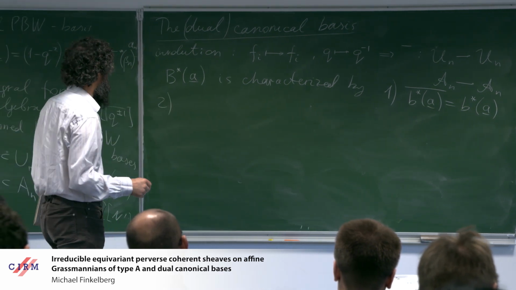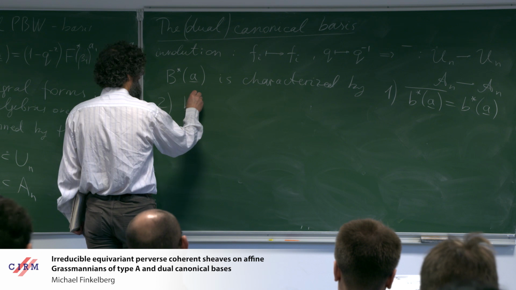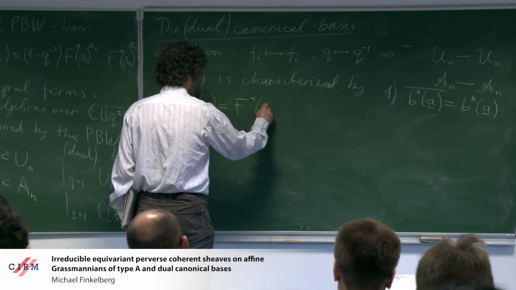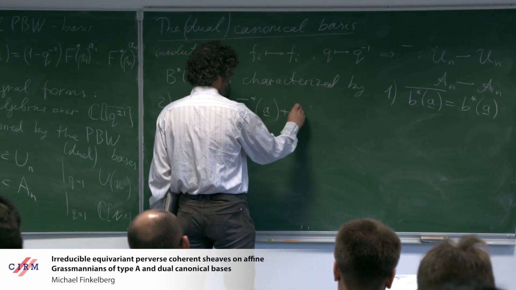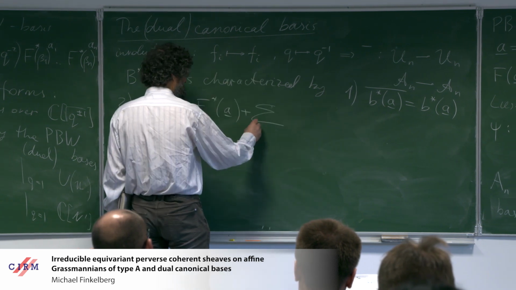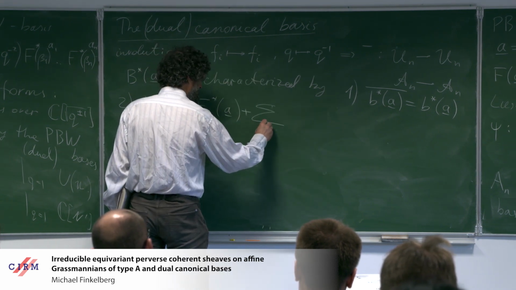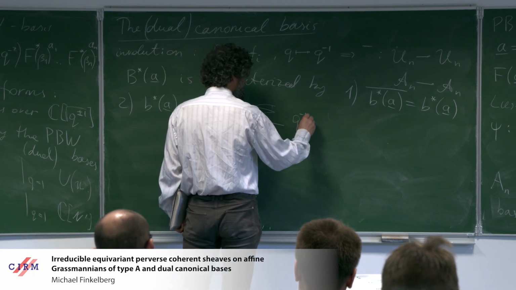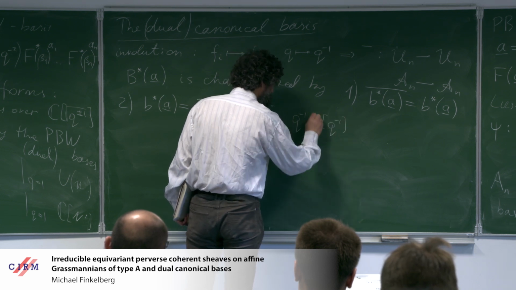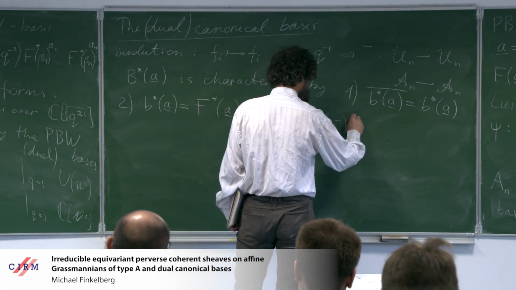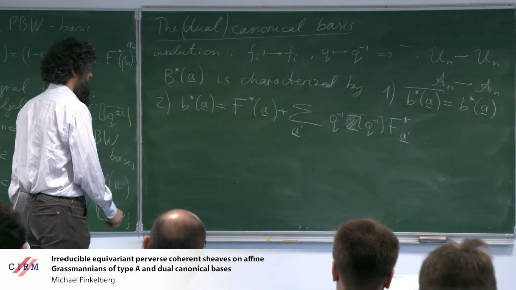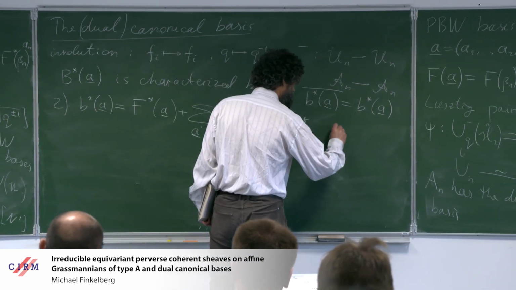And second is that B star of A is F star of A plus the sum of other PBW, dual PBW elements, but with coefficients, well, in fact, the integral coefficients, like this. Okay, and this is called positivity property.